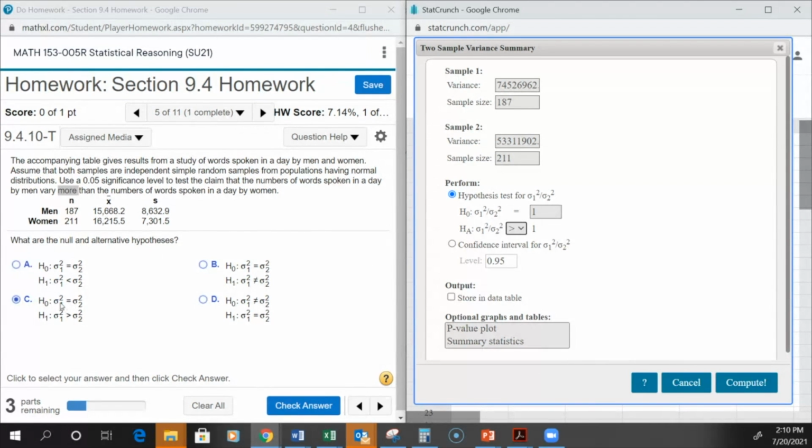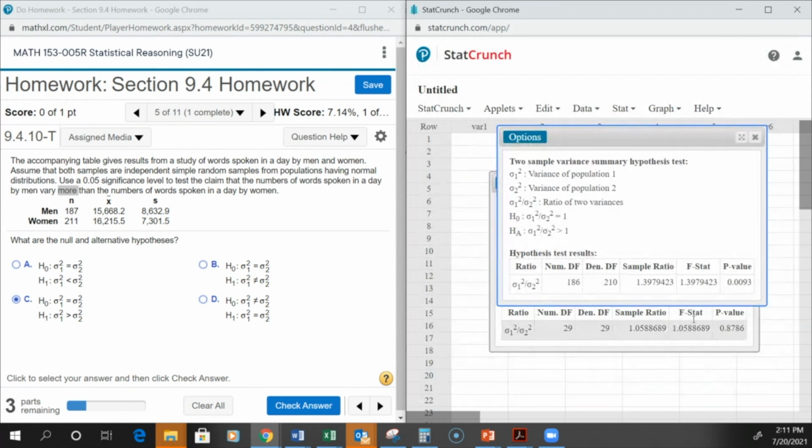If the claim is that sigma 1 squared equals sigma 2 squared, then what is the test statistic? The F value, sigma 1 squared divided by sigma 2 squared. Well, if they're the same, if they equal each other, then you divide something by the same thing, you get 1. And that's why this 1 is here. You will never, ever have to change it. You might have to change this depending on what kind of claim it is.